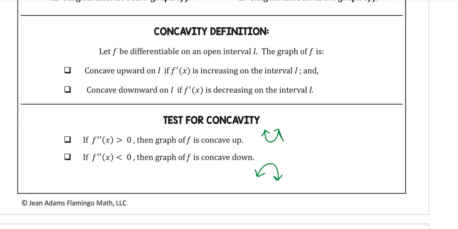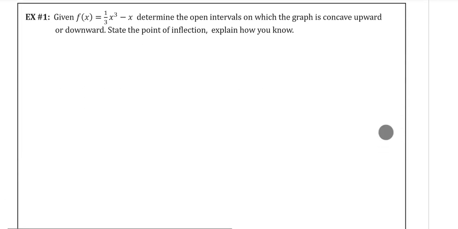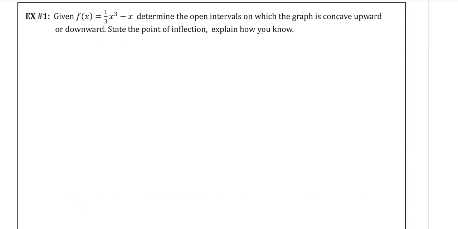Now we're going to start applying this idea. Example 1. Given f of x is 1/3 x to the third minus x, determine the open intervals on which the graph is concave upward or downward. State the point of inflection. Explain how you know. We're going to have to take the derivative twice. f prime of x is x squared minus 1.